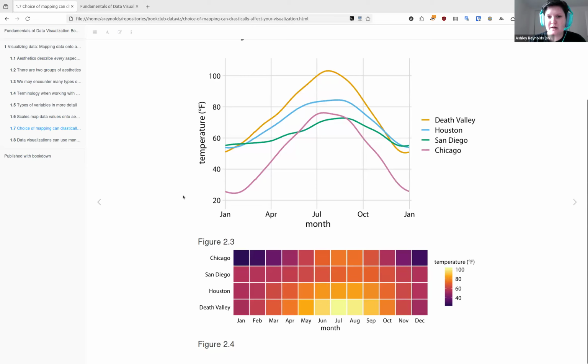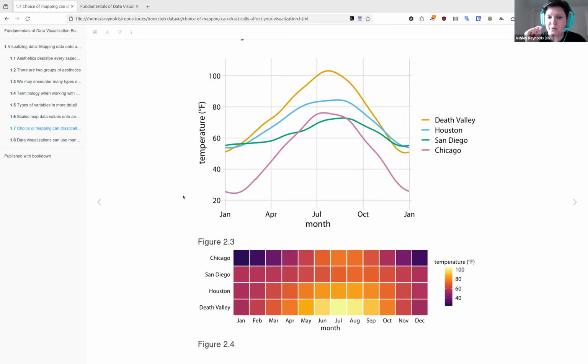So the top is the more traditional representation, but it might not give you as immediate of a connection between the different locations at the same time point.